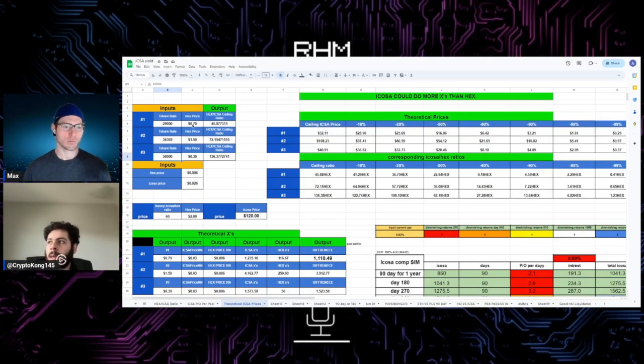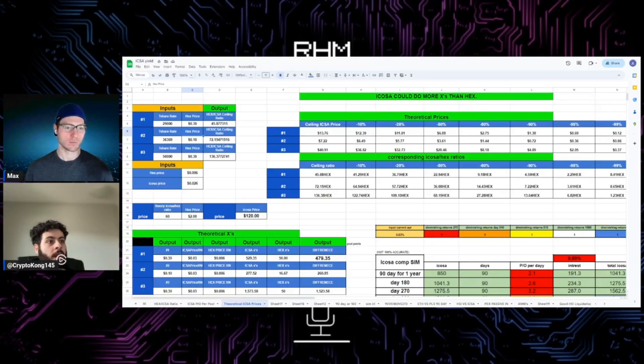So I'm not sure how bullish any of the viewers are on HEX, but I'll try and keep these numbers conservative, I guess you could say. 30 cents is still like 100x from the bottom, so I don't know how conservative that really is. But I mean, Richard says, not that it's going to happen, but HEX did a 10,000x, PulseChain can do a 10,000x, and they're designed to do it.